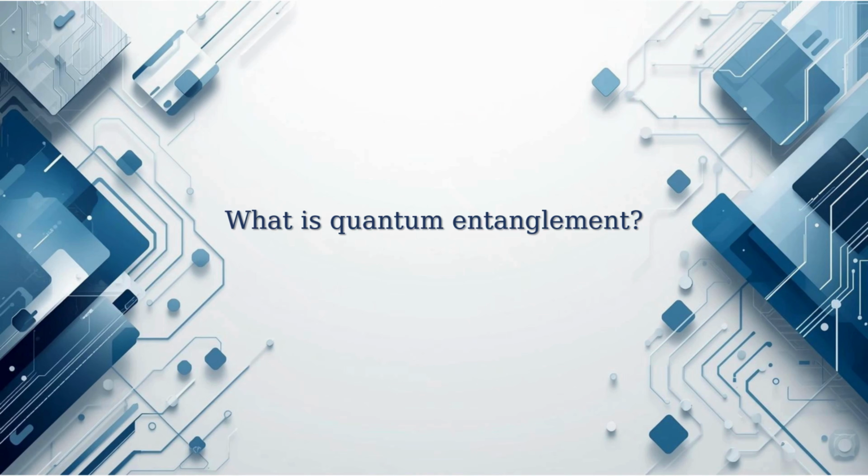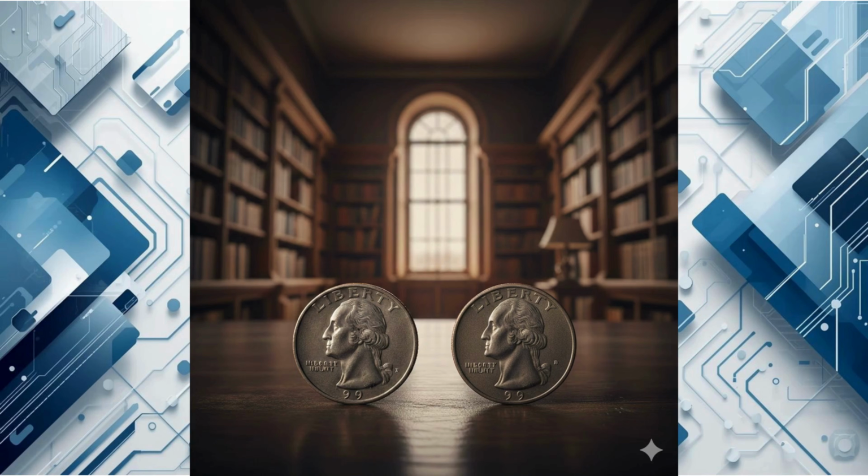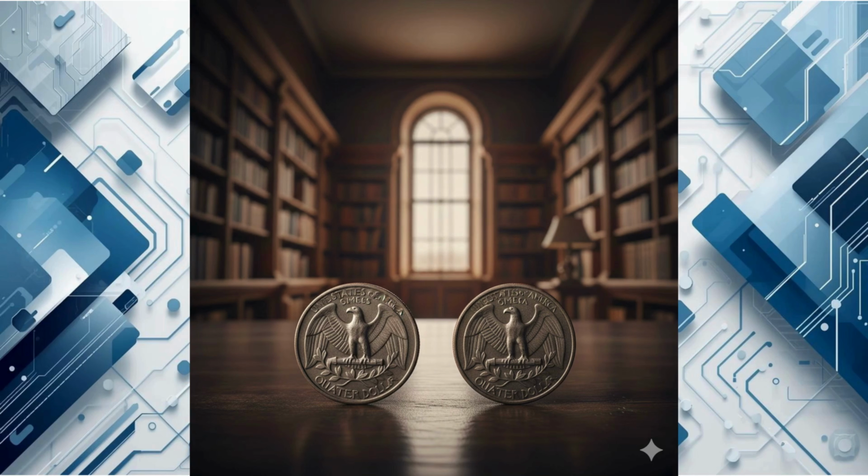What is quantum entanglement? Let's say I have two coins in my hand. There is an invisible link between these two coins. If one coin is heads, the other coin will also be heads, and when one coin is tails, the other coin will also be tails.